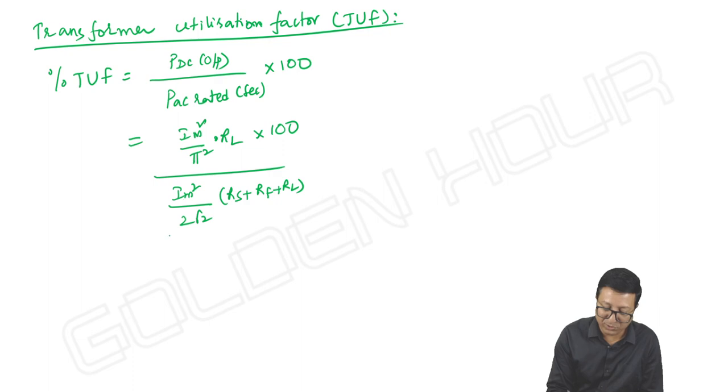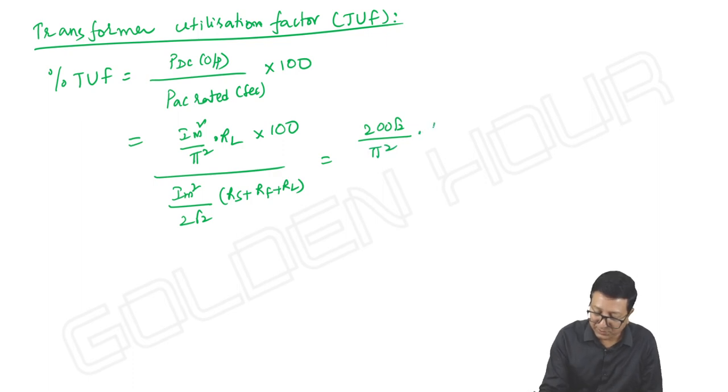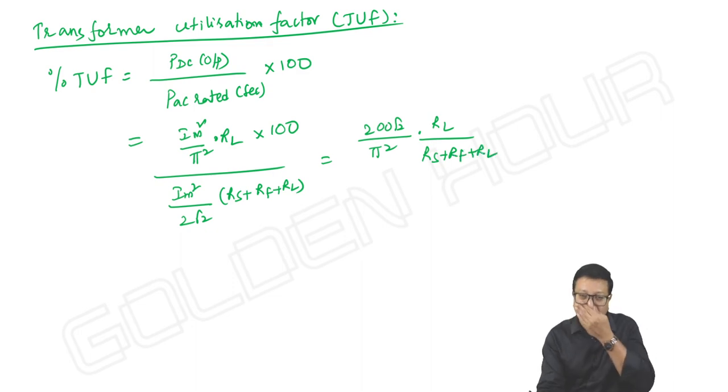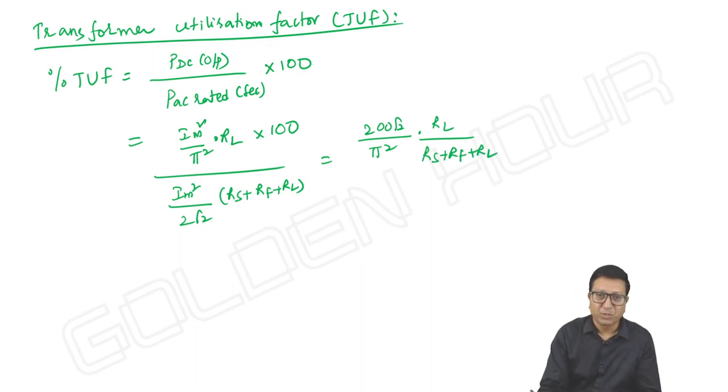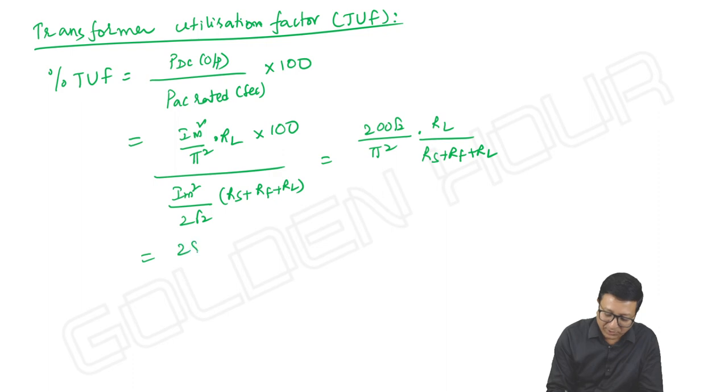Im square cancels: 200 root 2 by pi square into RL by Rs plus Rf plus RL. Pi square is approximately 10, so 20 root 2 comes around 28.28 divided by 1 plus Rs plus Rf by RL, percentage.